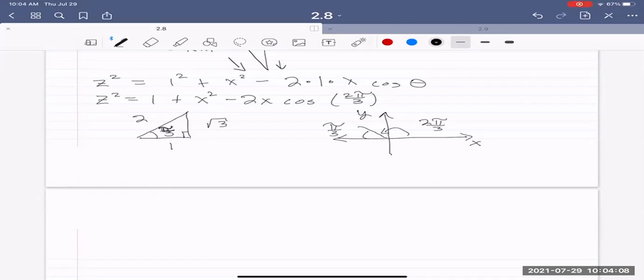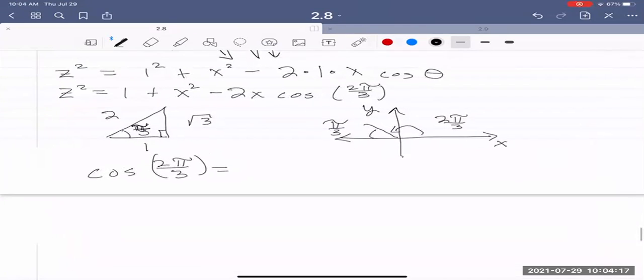Okay, so cosine of 2 pi over 3. Cosine is going to be negative in the second quadrant. And cosine by its reference angle is 1/2. So cosine of 2 pi over 3 is equal to negative 1/2.